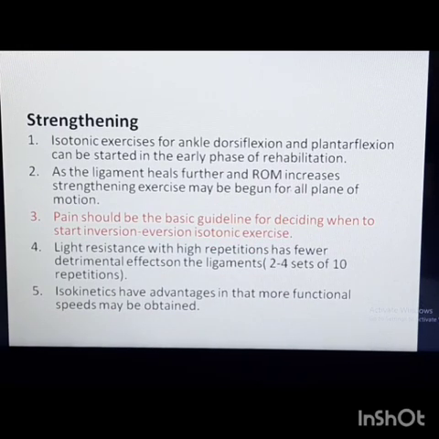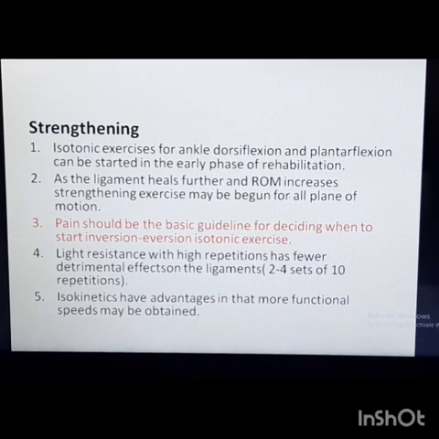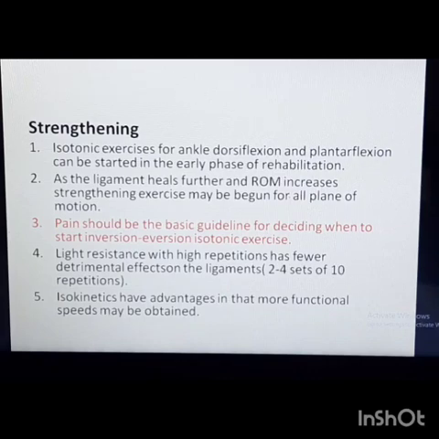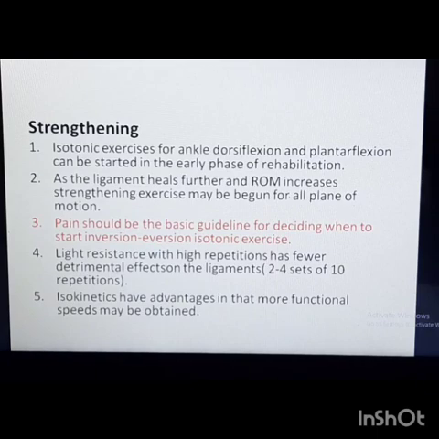Strengthening. Immediately after the injury, in the early phase of rehabilitation, we can start with isotonic exercises for ankle dorsiflexion and plantar flexion, and as the ligament heals further, the range of motion increases. Strengthening exercises can begin in all planes.